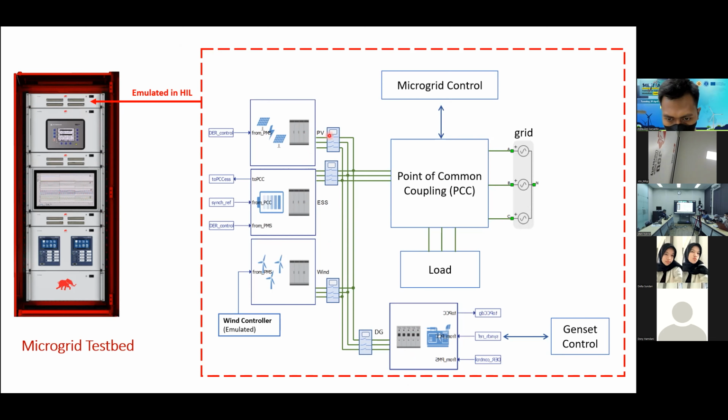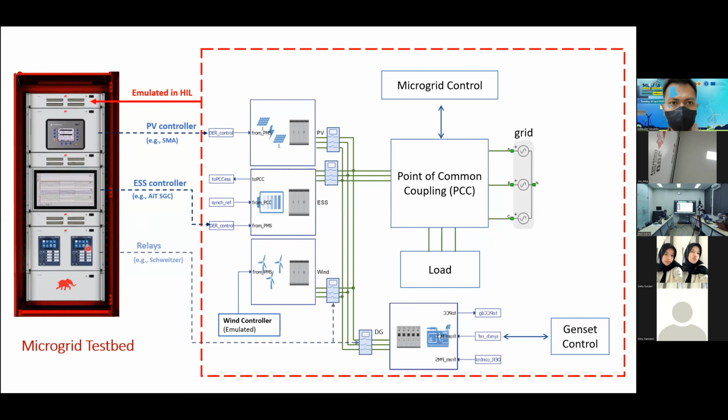Now, all this is emulated here, but besides emulating it in the Typhoon HIL hardware itself, you can also connect real controllers to control the DER, and you can connect actual inverters here, to test the real relays. So this can be a hybrid of some sort.